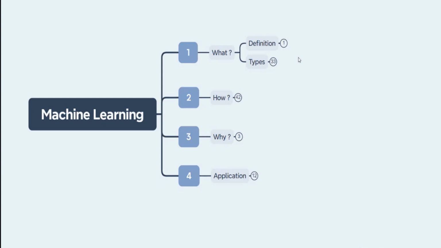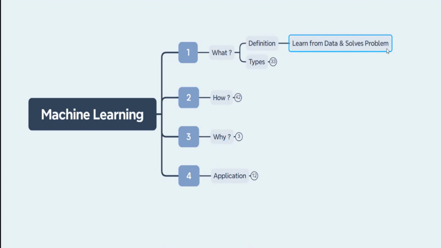Okay, so let us see the machine learning part. A simple definition I can give for machine learning is: learn from the data and solve the problem. There are a lot of real-time problems.